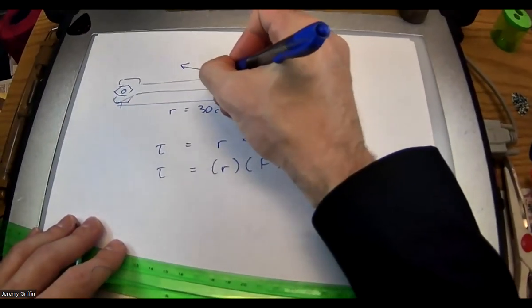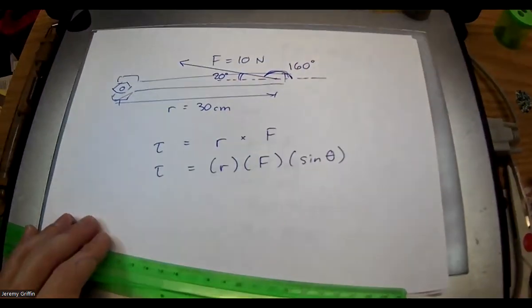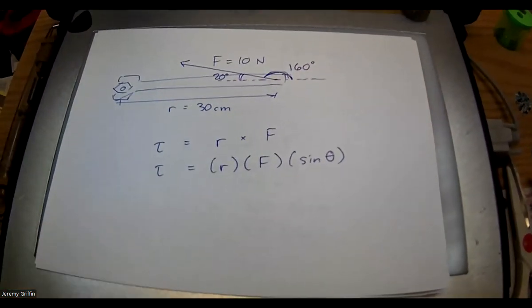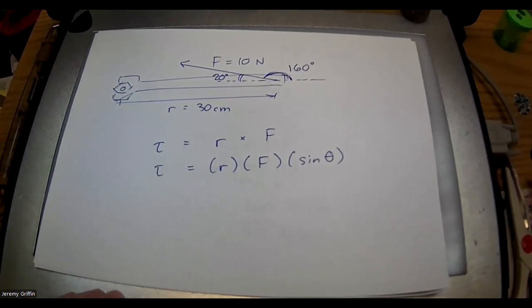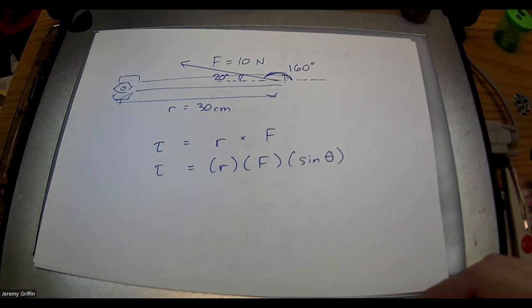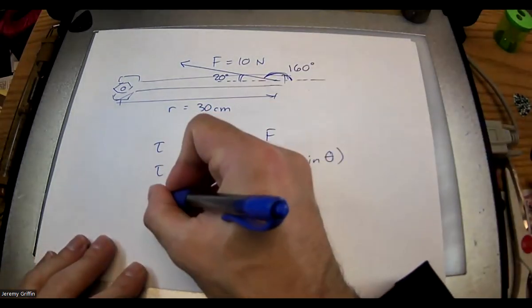Yeah, 20 degrees, right? Do you think you could play off either one of those and get the torque? I bet sine of 160 is equal to sine of 20 degrees. I bet they're the same thing. Oh yeah, so you had said about 102, 103 Newton centimeters. All right, sounds about right.